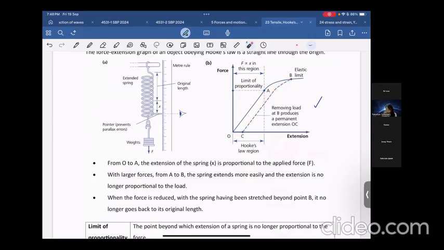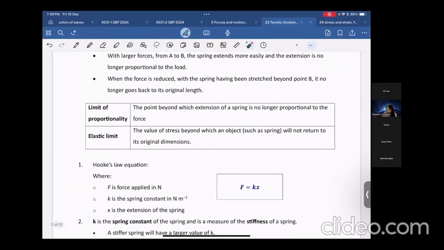So here we're having a look. What is the limit of proportionality and what is the elastic limit? Limit of proportionality actually is the point beyond which your extension is no longer proportional to your force. Beyond this point, Hooke's law doesn't apply. Elastic limit is a value of stress.